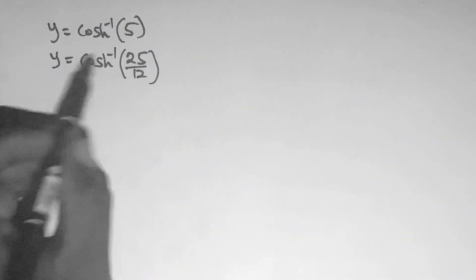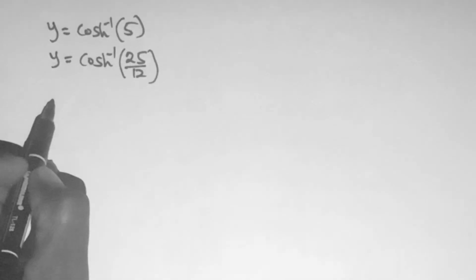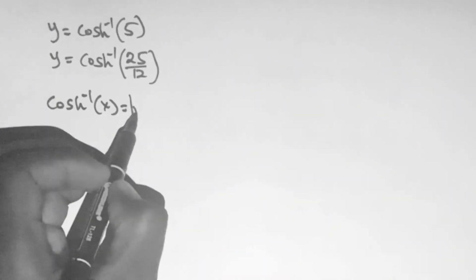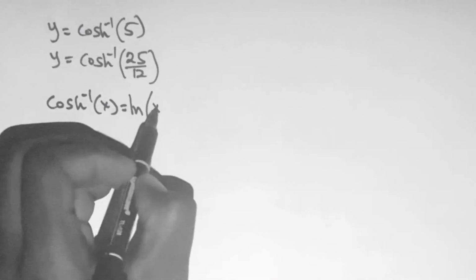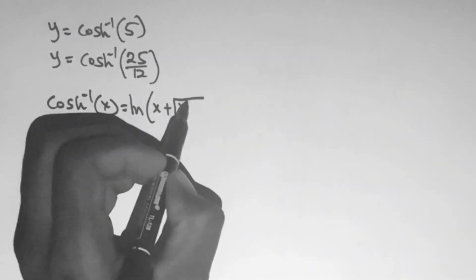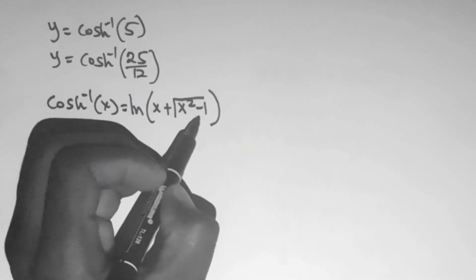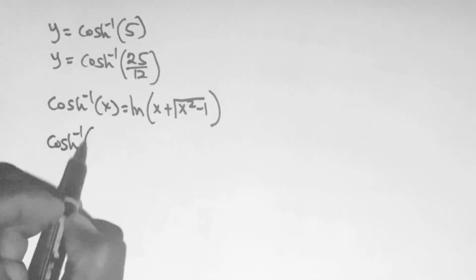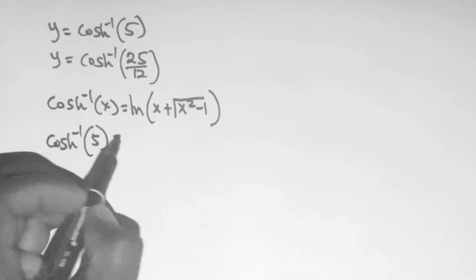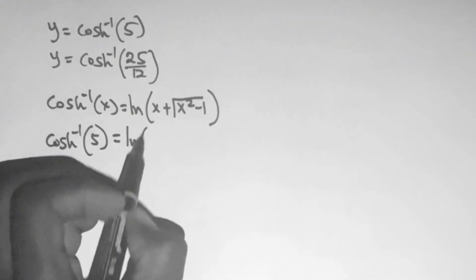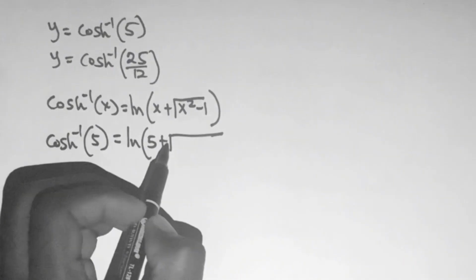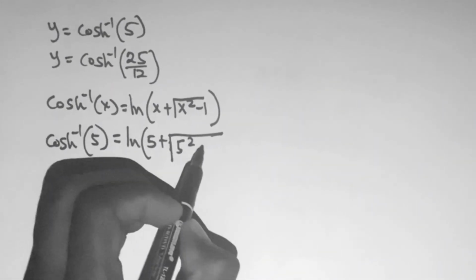So now, in terms of logarithms, cosh inverse of x is equal to natural log of x plus square root of x squared minus 1. So cosh inverse of 5 is equal to natural log of, wherever we see x, we insert 5: 5 plus square root of 5 squared minus 1.